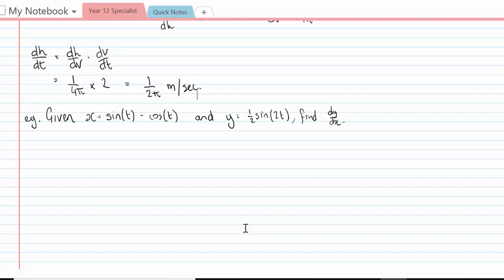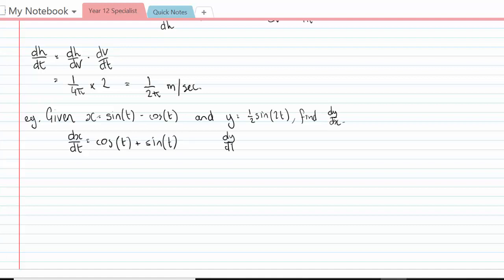I'm going to get dx/dt. So sine becomes cos, cos becomes negative sine, and I'm going to get dy/dt here. The 2 will move out the front, so it'll cancel out with the half and just be left with cos 2t.